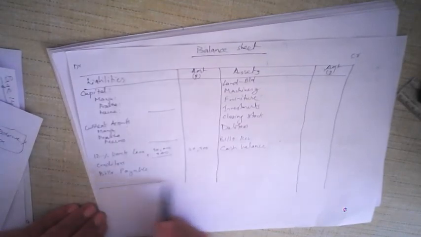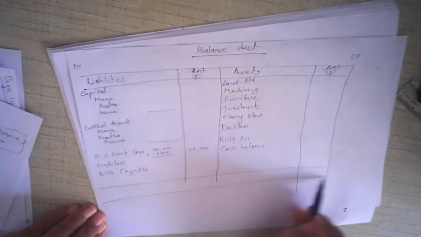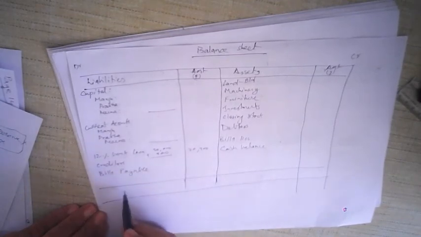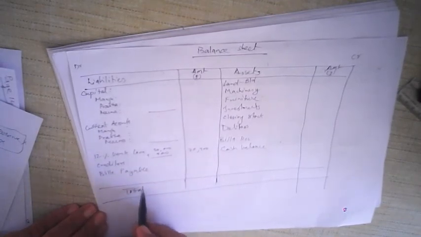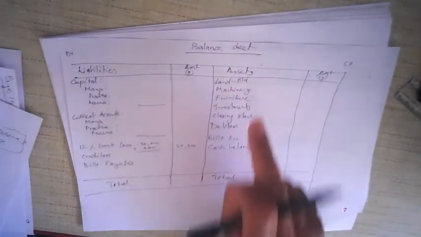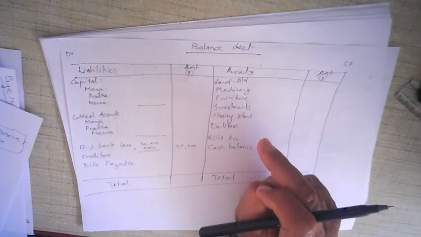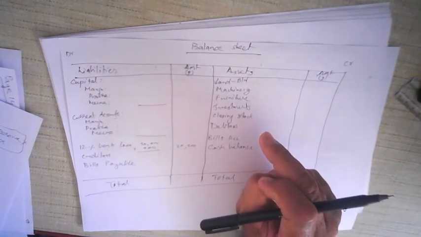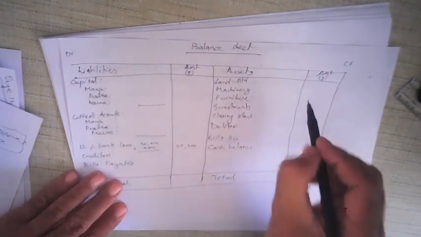All right, once you have done this, you can make the total. Both sides' totals should be the same if you have done it correctly, if there is no mistake in any entry. Now let's see the land and building. First of all, land and building had changed. The value increased by 25,000 and therefore it is 1,25,000.